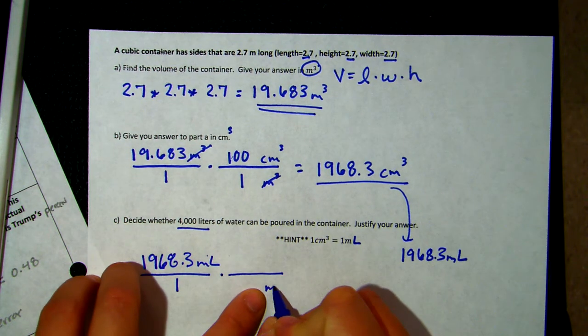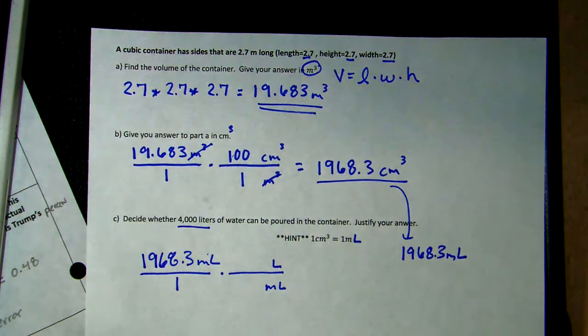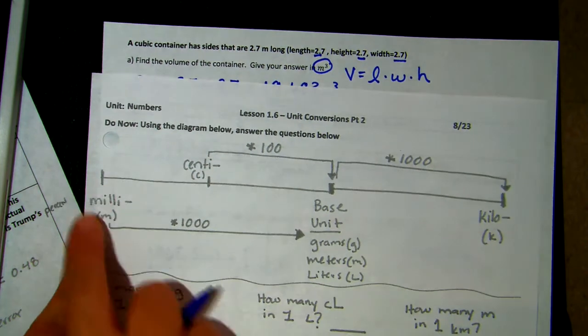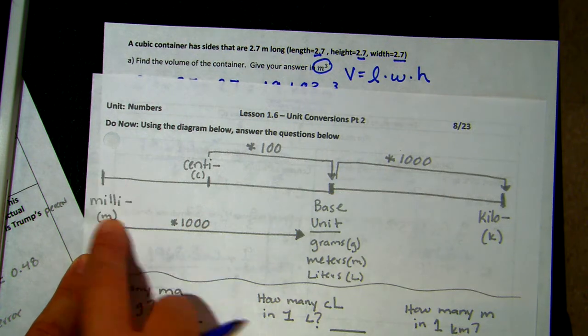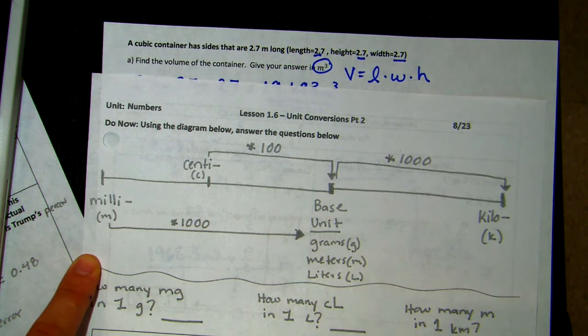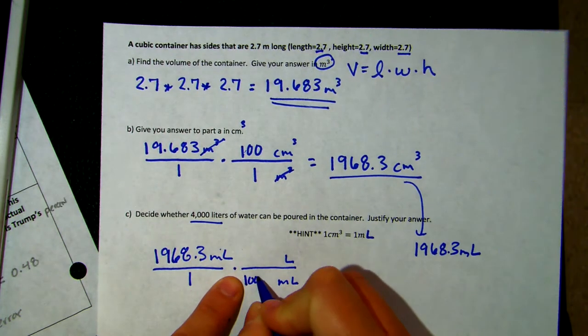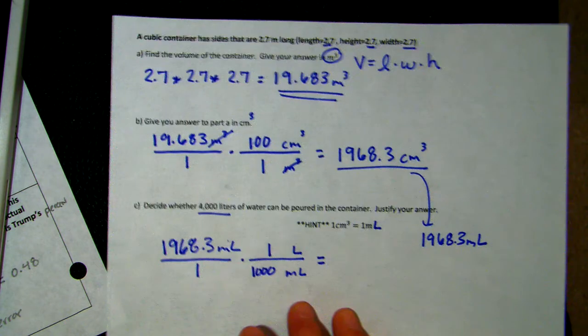And I need to convert milliliters to liters. So then I set this up, milliliters on the bottom, liters on the top. Going to look at my conversion sheet here. I'm going from milliliters to liters. So there are 1,000 milliliters in 1 liter. So I'm going to now multiply this out.